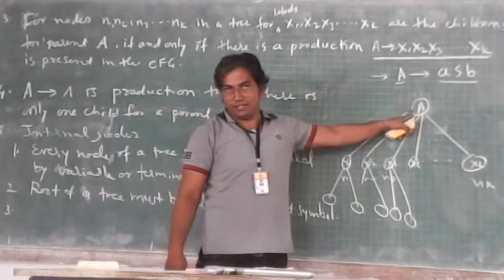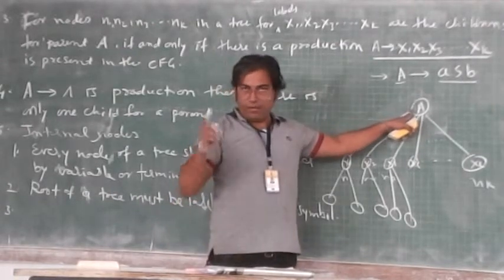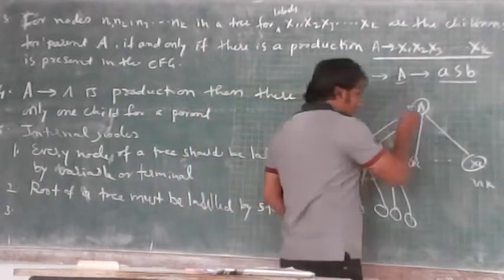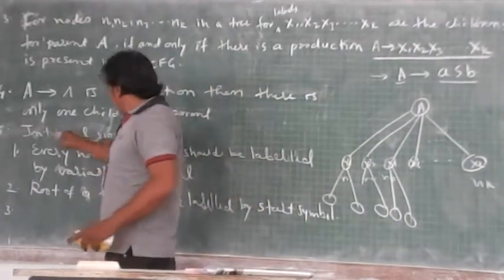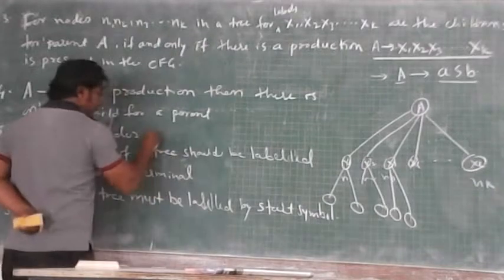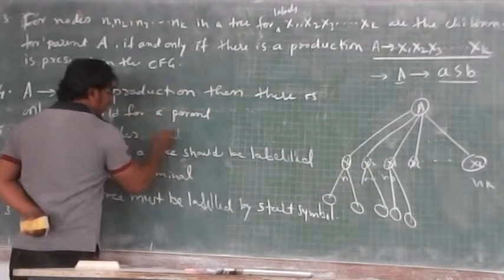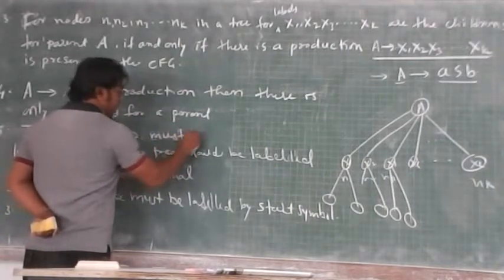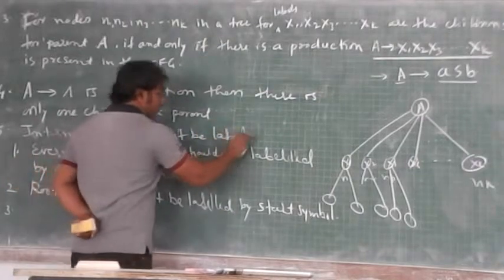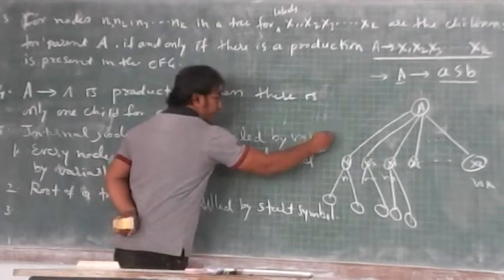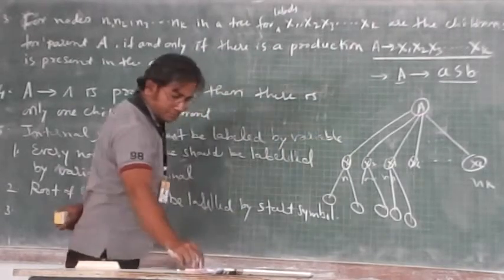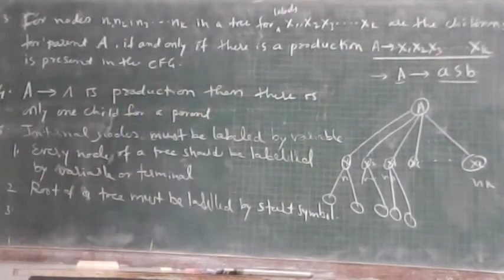In this case, my root should not start from A; it should start from S. So internal nodes must be labeled by a variable, not a terminal symbol.